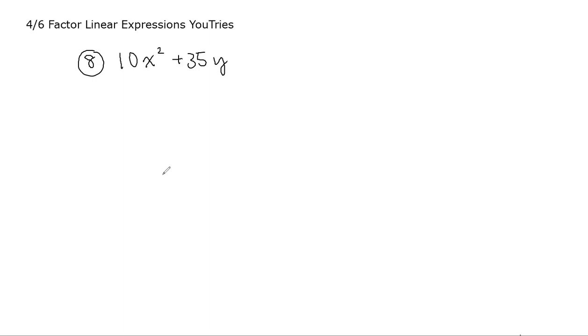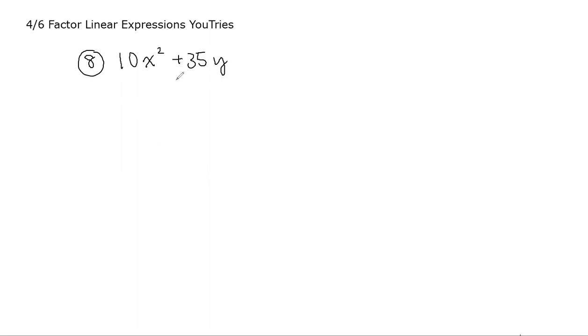Okay, number 8. This one threw a lot of people off. And this one was for sure the most challenging one because this is not a linear expression. It's a non-linear expression. Yes, he threw it in there to throw you off. But it's really just the same thing.